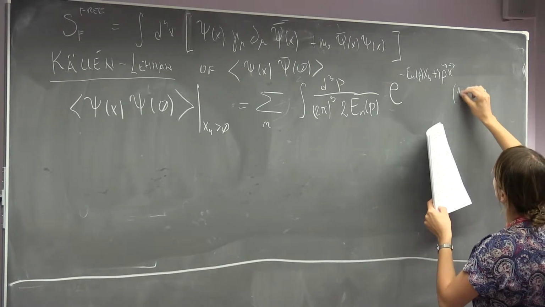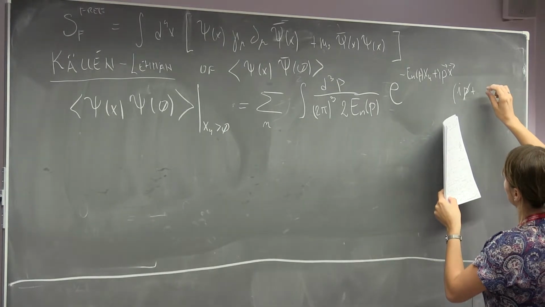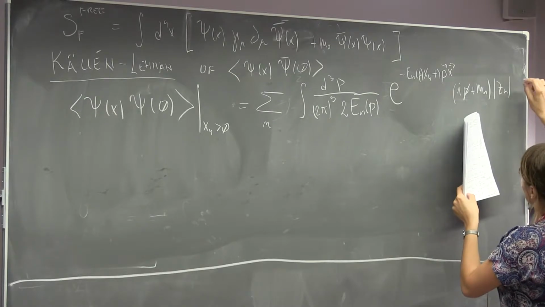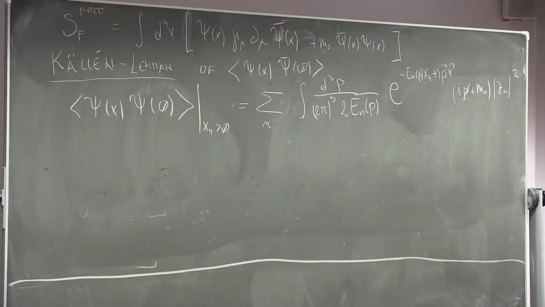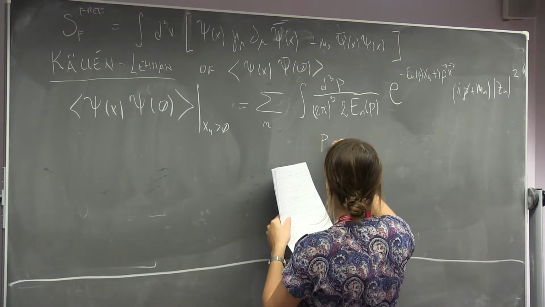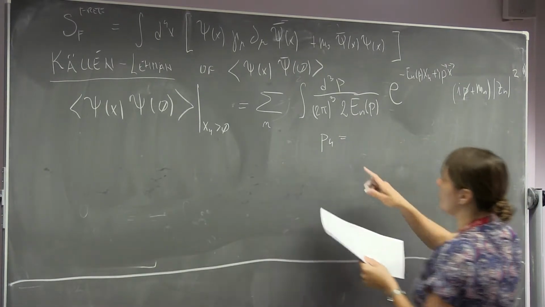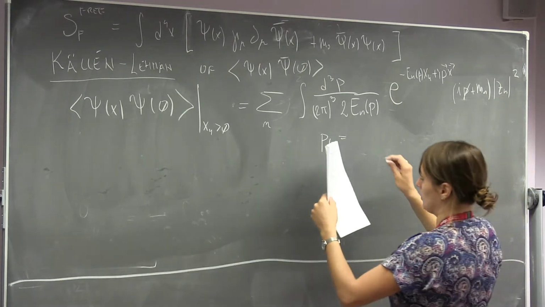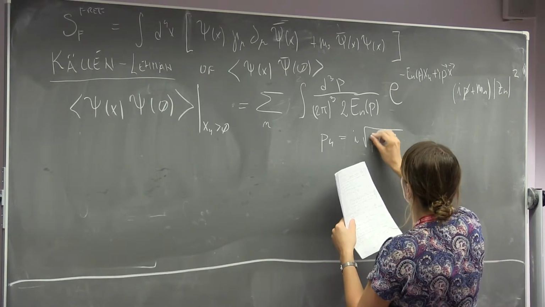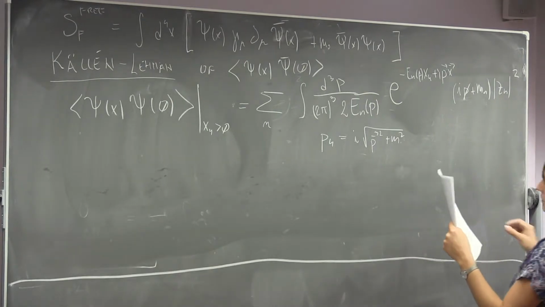multiplied by i p slash plus m_n and some normalization factor Z_n squared, where we will call p4, the momentum in the time direction, equal to i times the square root of vector p squared plus m_n squared.